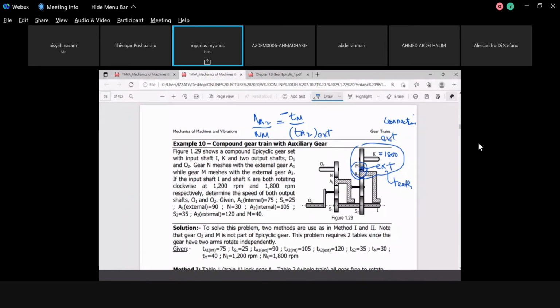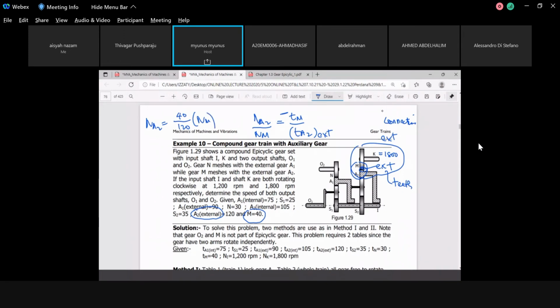So if you simplify this, you'll be getting Na2 is equal to Tm, which is provided here, Tm is 40, divided by Ta2 external, which is Ta2 over Ta1 internal, Ta1 external, Ta2 internal, Ta2 external is 120, multiplied by Nm.